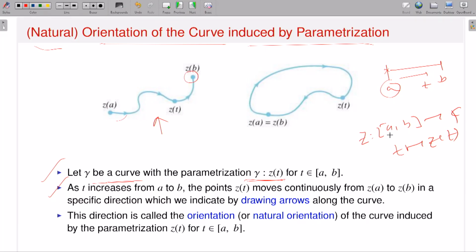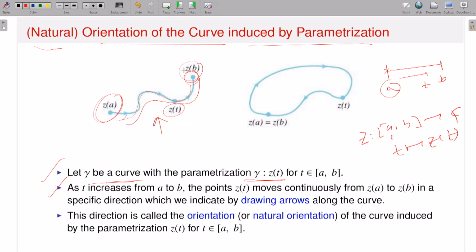So if t is equal to a, I have the point z(a). Now if t goes from a to b, my point z(t) moves from z(a), approaching z(b), so it will go in this way, and that will give a natural direction. That means I start from z(a), go along the curve and reach z(b), and that direction is called the natural orientation or natural direction.